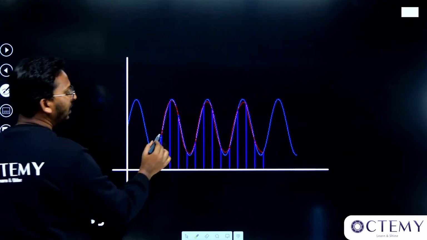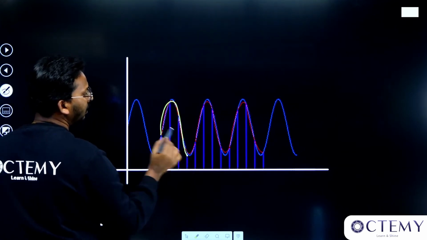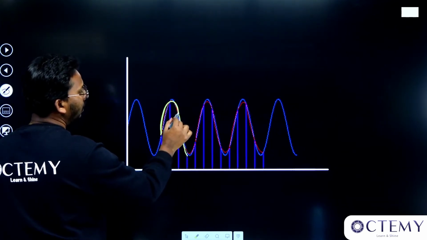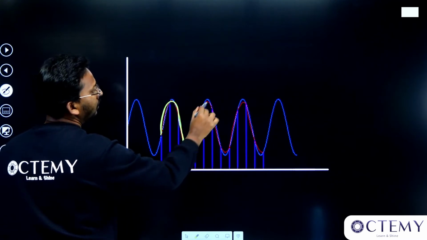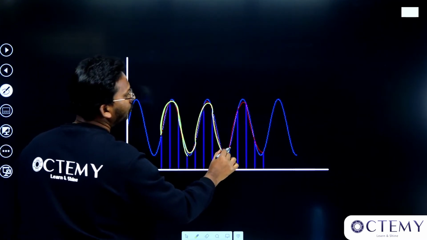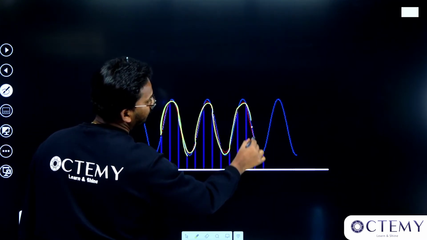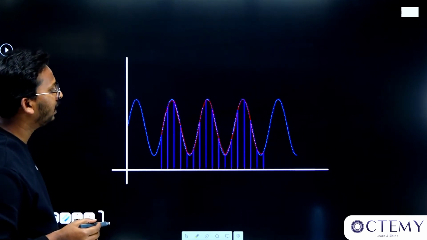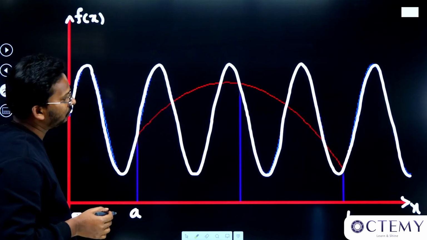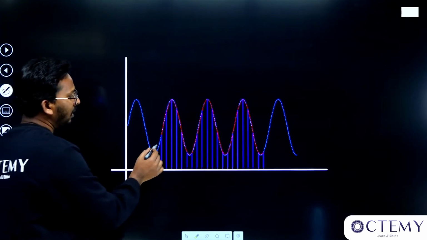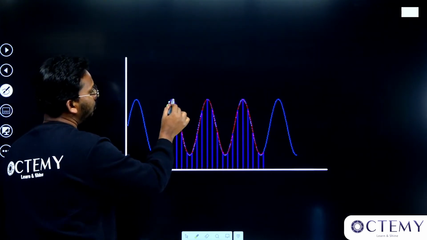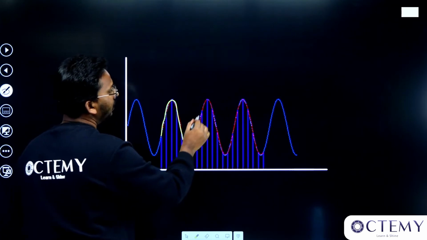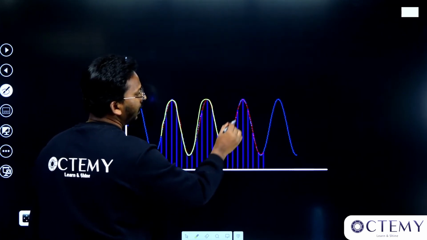If you keep on increasing your points, we always take an even number of intervals. The more parabolas you take, what is happening, sir? Now if you see, the error has almost become 0.